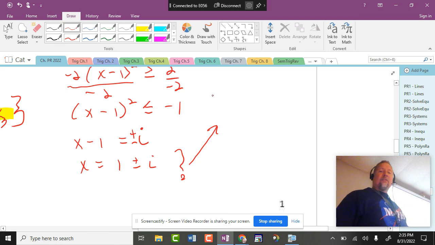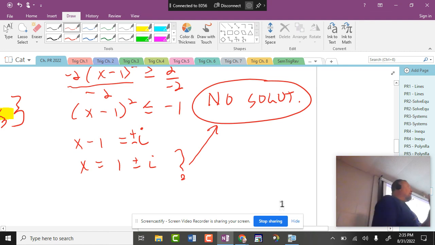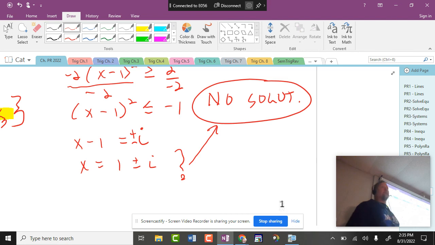So what is the result of this? What could x equal? Nothing. Everything we plugged in did not work. That's a no solution. If, on the other hand, I went back, I got an i number, and then I go back and check, and everything I plug in does work, that'd be greater than a negative, then it'd be all real numbers.